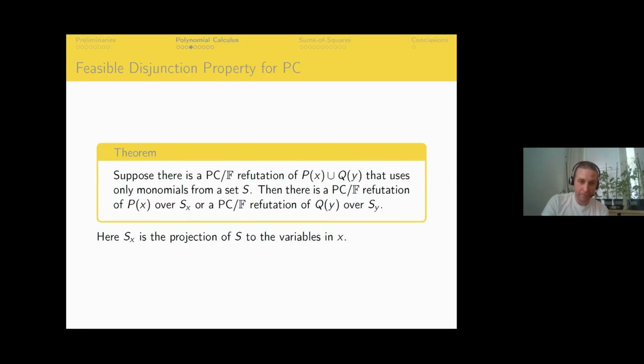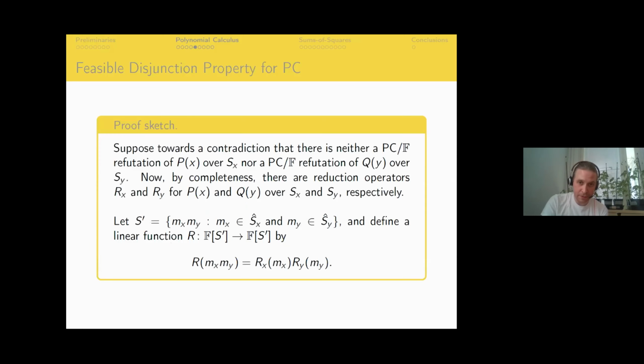Okay. And the proof sketch is quite simple. So supposing there was a contradiction that neither one of these refutations exists, then by completeness, there are these reduction operators for both of these sets over Sx and Sy respectively. And then we combine these to a third linear function from this set S prime.